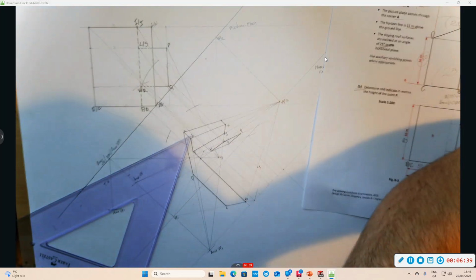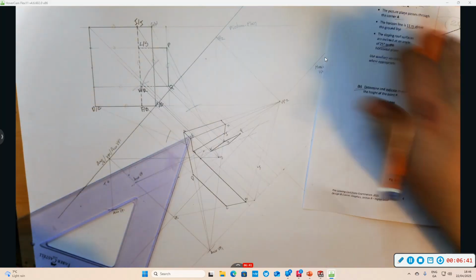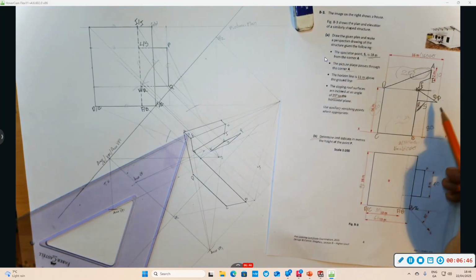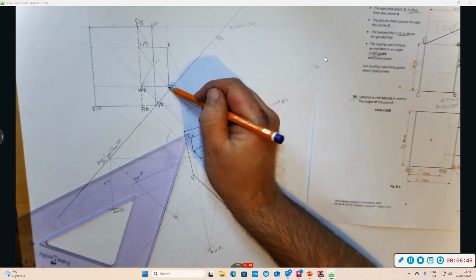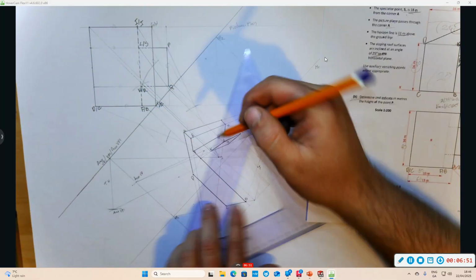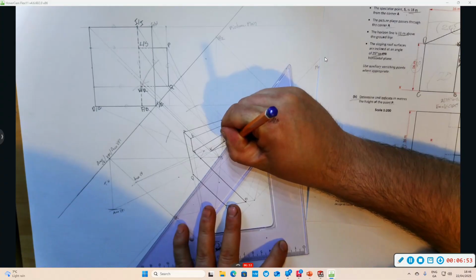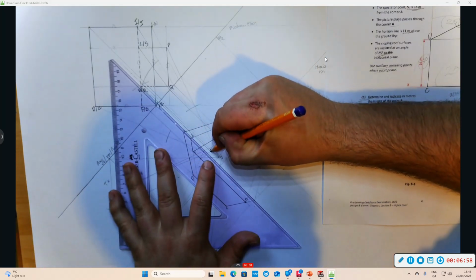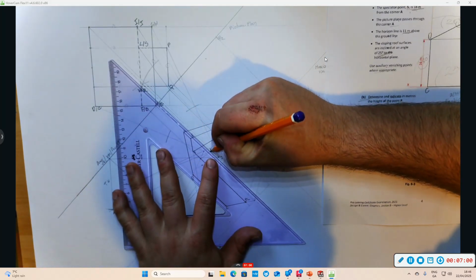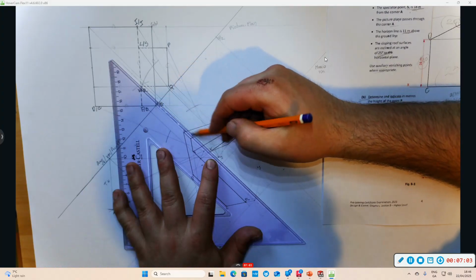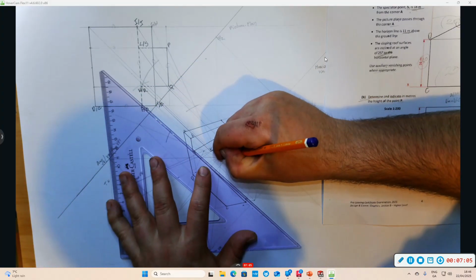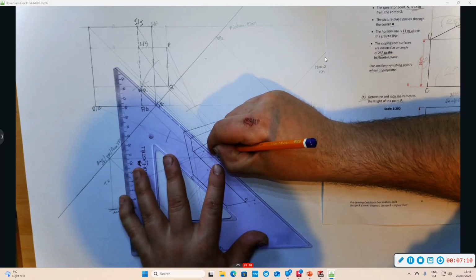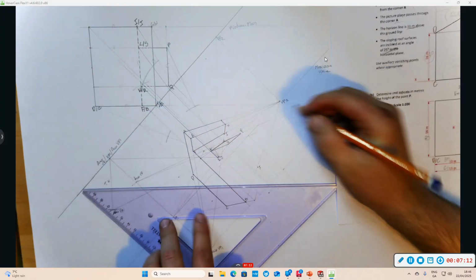To get points R and S, here's Q to R. That joins to VP1. So I can join Q to VP1. I can go down perpendicular from the picture plane where point R touches it. And that's point R. So I can heavy them in. So I can join back now.